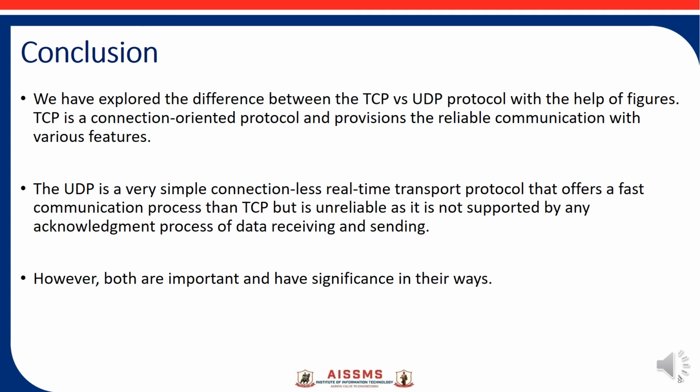UDP is a very simple connectionless real-time transfer protocol that offers faster communication than TCP, but it is unreliable because error recovery and retransmission facility is not provided by UDP, and it is not supported by any acknowledgement process for data receiving and sending.